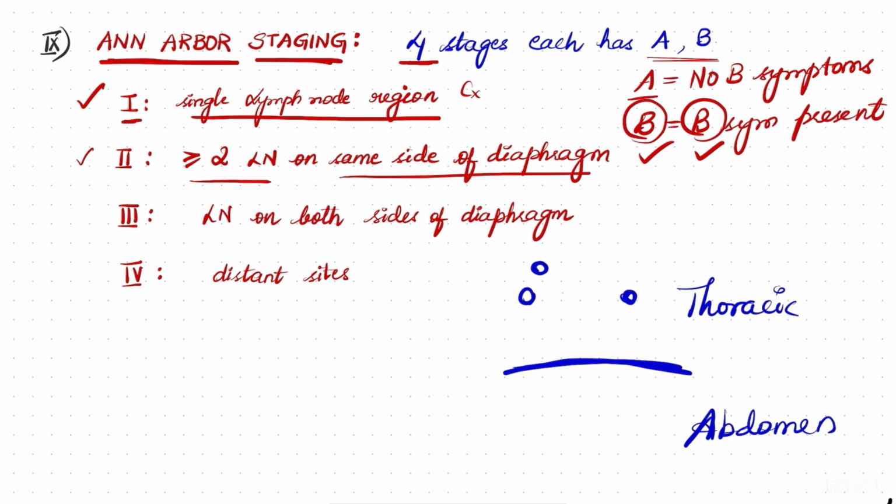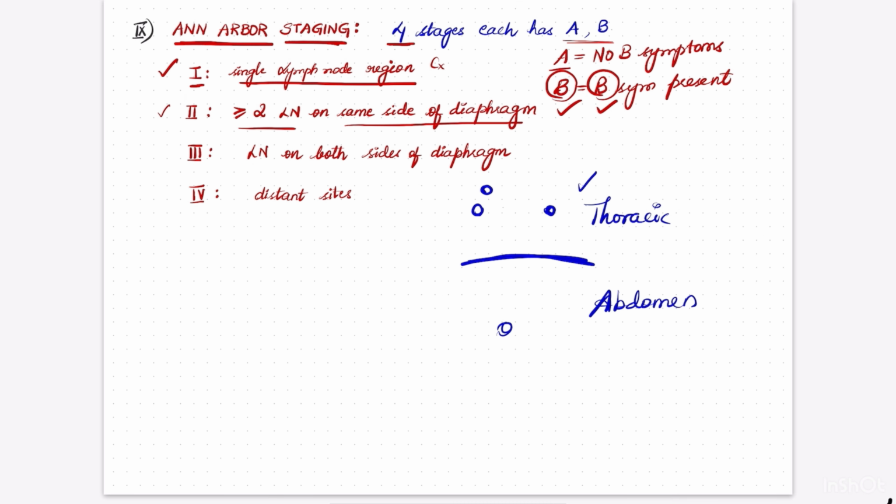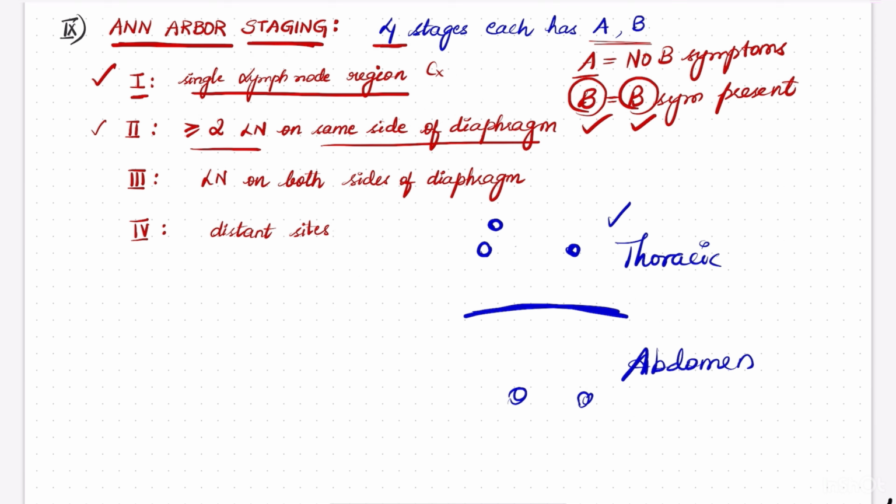Either the hilar lymph nodes or the axillary group get affected on one side, the thoracic side. If it involves the abdominal side, the pelvic, para-aortic, or inguinal lymph nodes can get affected. It should be either thoracic or abdominal, on one side of the diaphragm. Then it is stage 2.